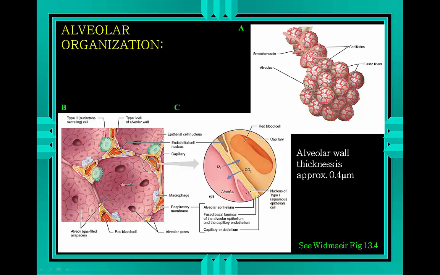So lots of spherical shaped alveoli, very thin walls, surrounded by lots of capillaries providing blood, great respiration or gas exchange in the lungs.